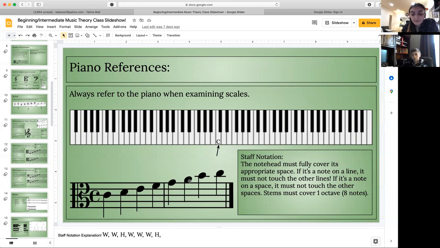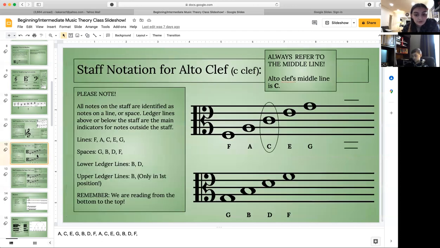So there you go. Now, speaking of your ledger lines, I do want to reintroduce you to one thing. In this case, this being the staff representing the lines, I wrote in the ledger lines that you have B and D at the bottom here. Say this is F, all the way down here. I follow my F line.